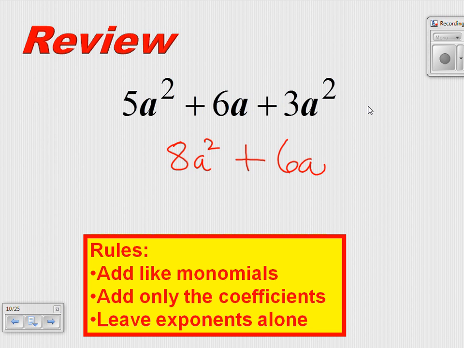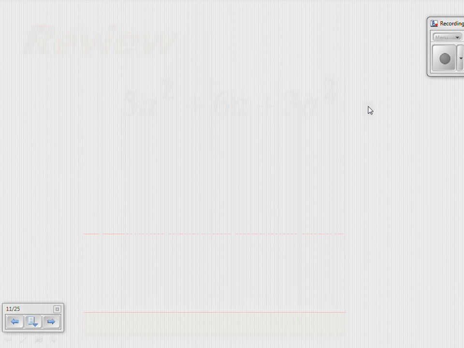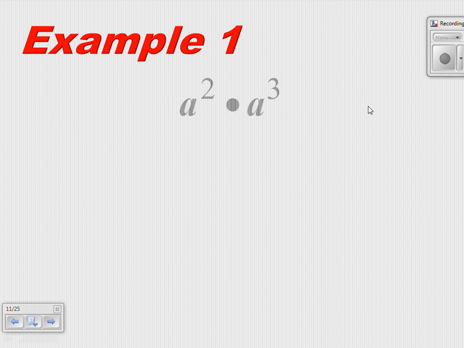Now we're going to go over some examples, and eventually you will figure out a shortcut way to find the answers for these problems. The very first example is a squared times a to the third. To help you understand multiplying two monomials, you can spread it apart to its product form.